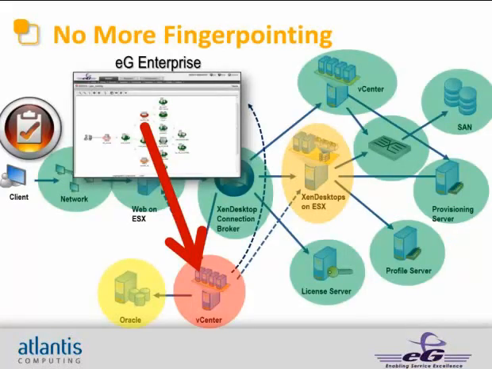No more finger pointing at the Citrix folks, but pinpointing where the actual problem is so you can get it resolved faster and move on to delivering the services.